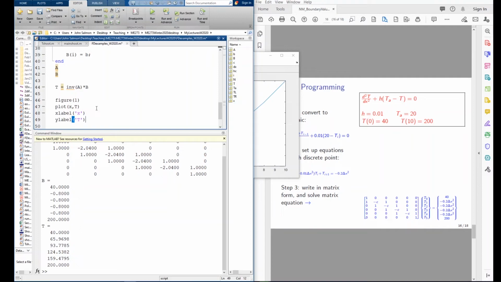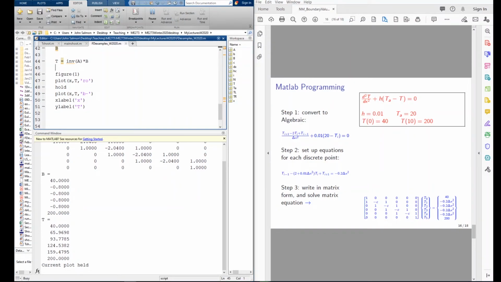I want to take a look at these individual points, so I'm going to do a line, and I'm also going to do circles. I'll make red circles right here, and I will do a blue dashed line. I'll hit run.